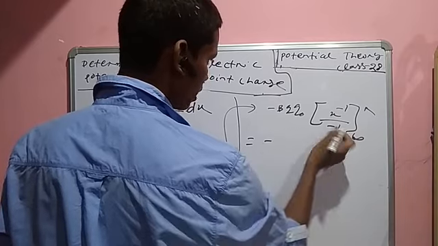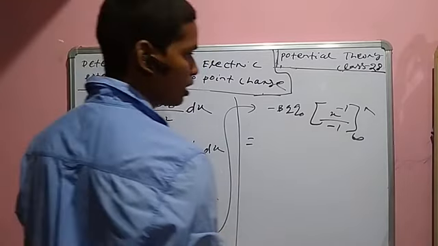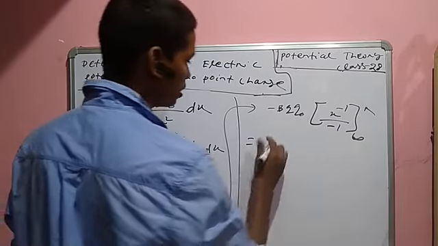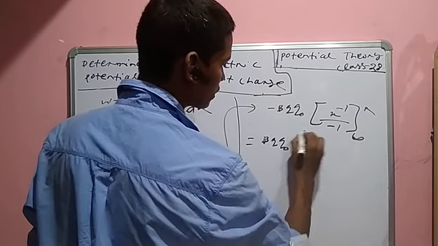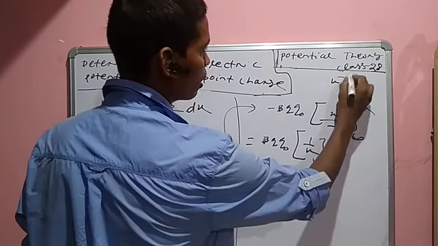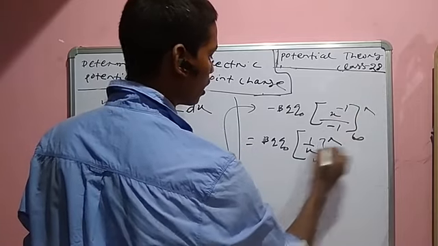The minus is taken from inside to outside. The result is beta q0 times 1 by x, since x to the power minus 1 is 1 by x, from infinite to r.